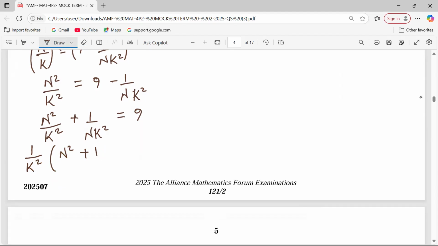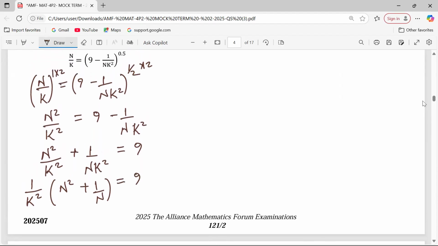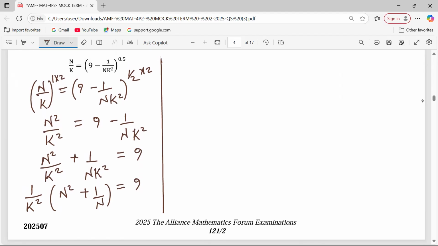Let's check something here. The 1 should be over n at this point equals 9. Yeah, equals 9 that way. Let's proceed working out. Let me now underline here for me to proceed. Check what I have just factored out. So this means now we are supposed to divide both sides.